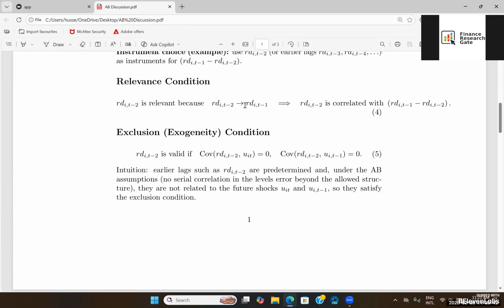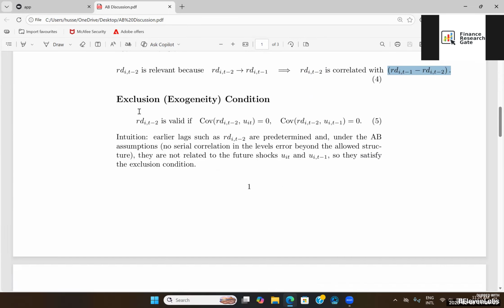And we have an autoregressive path for the y variable. So, yes, R&D t-2 is correlated with R&D t-1, and therefore we use it as an instrument for our differenced variable here, which is endogenous.